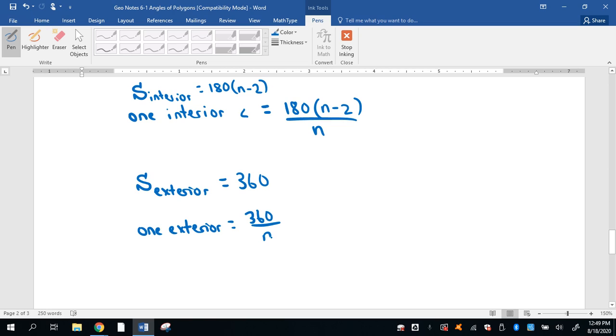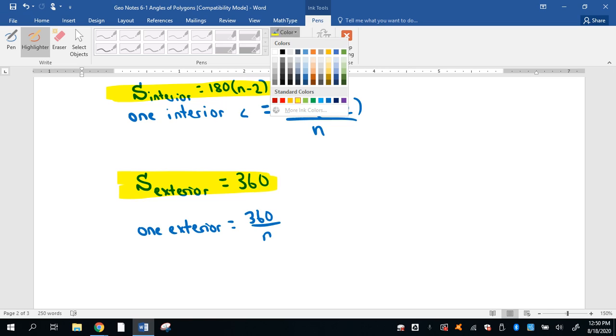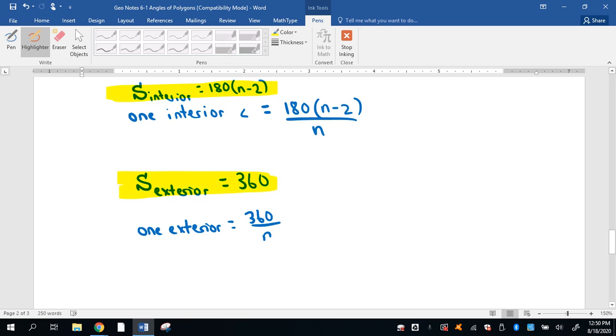To look at it this way, you really only have to know two formulas. You really only need to know the sum of all the interior angles of a polygon, and the sum of the exterior angles. Once you know that, then you just divide by n to find one interior angle or one exterior angle.